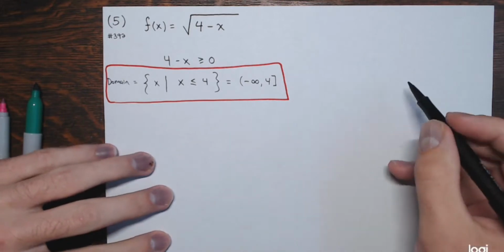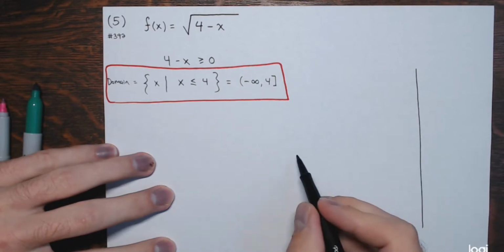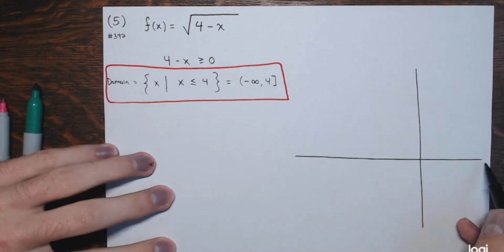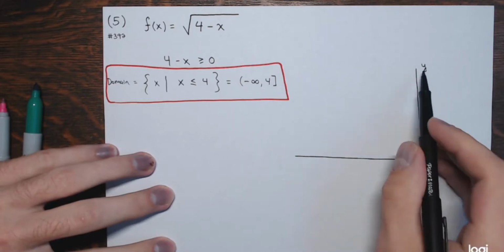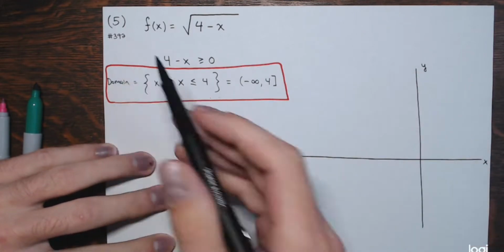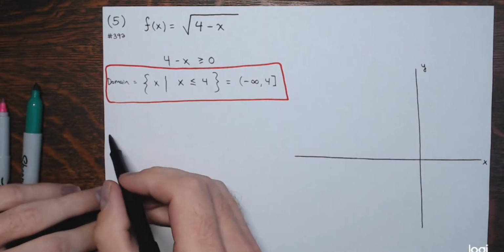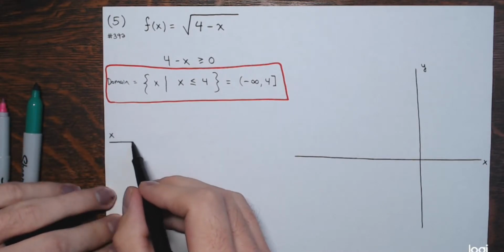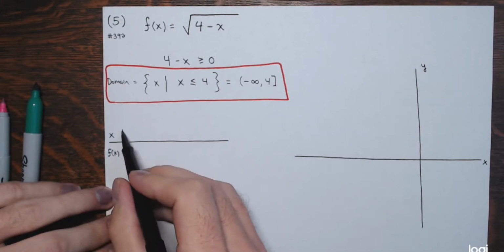All right, then we'll make a graph. I'm going to do x-axis, y-axis again over here. Or x-axis and f-axis, right? The function's called f, output's called f of x. Then I'll start making a table, like always. x and f of x.